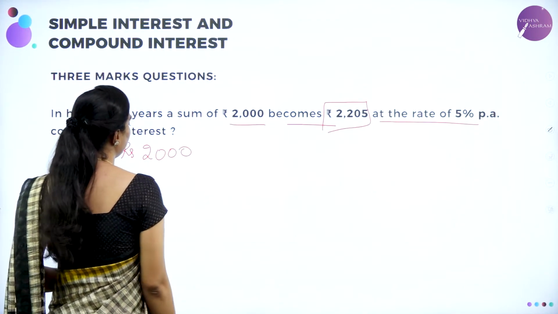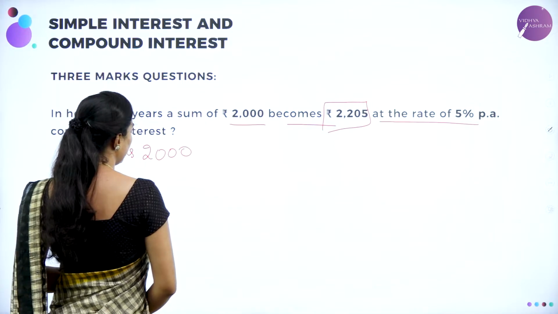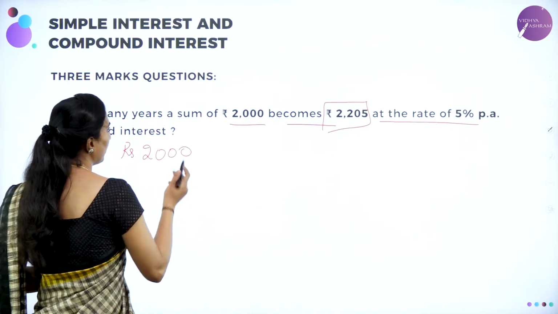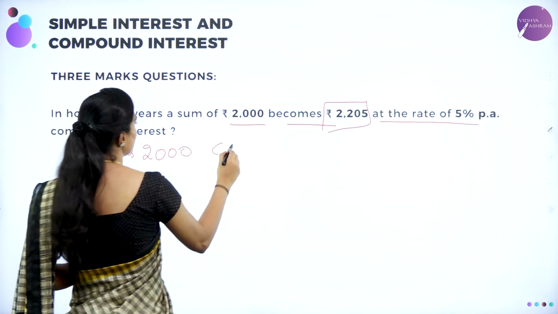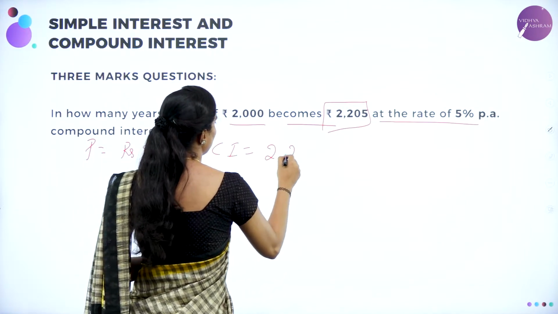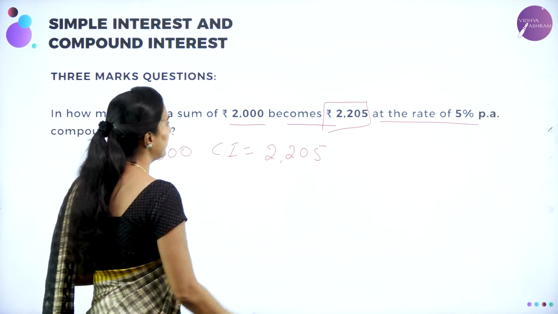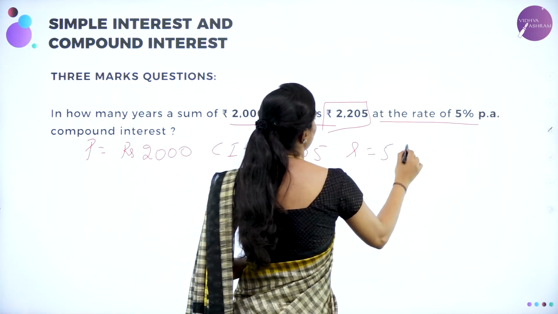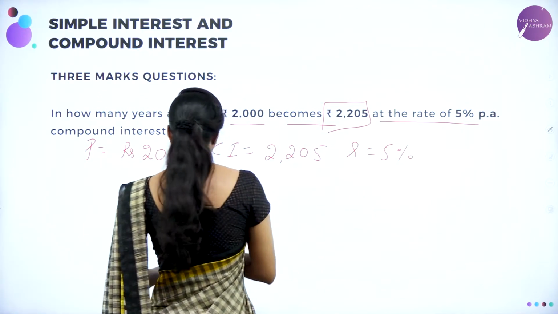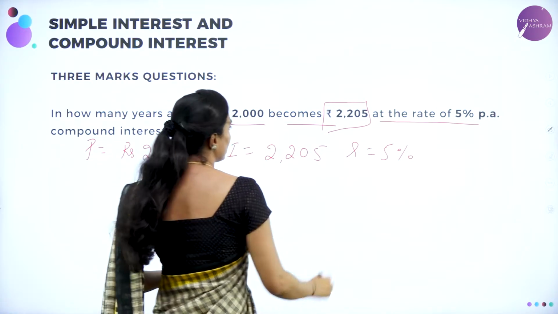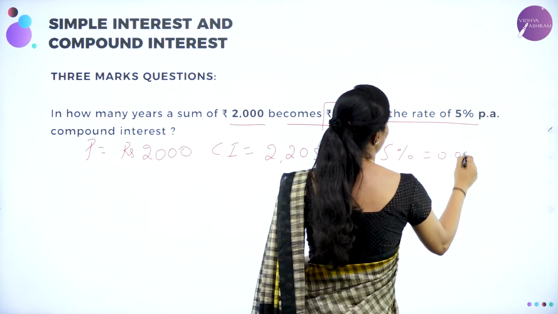And then compound interest CI they have given as 2205, isn't it? At the rate of 5%, R will be equal to 5%, which I can calculate directly as 0.05.